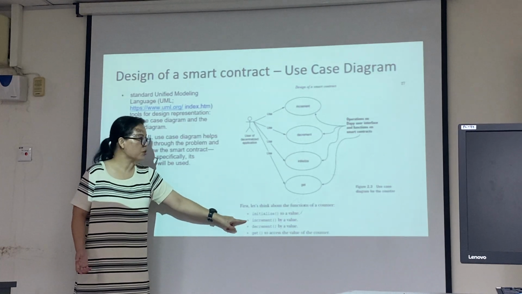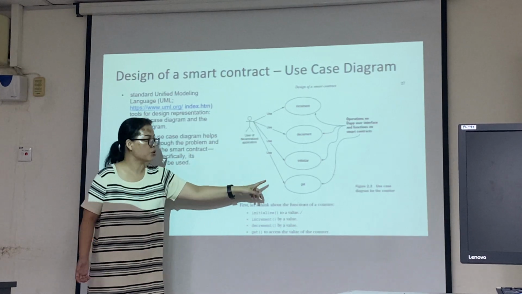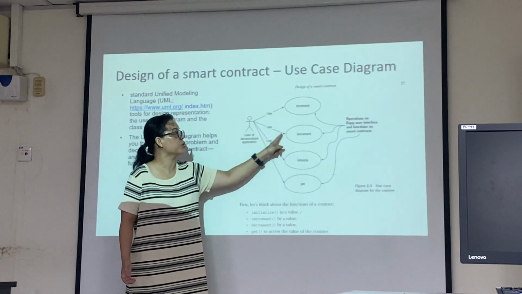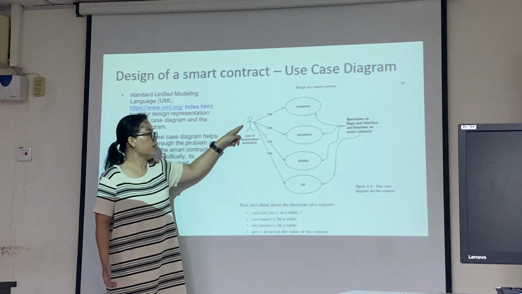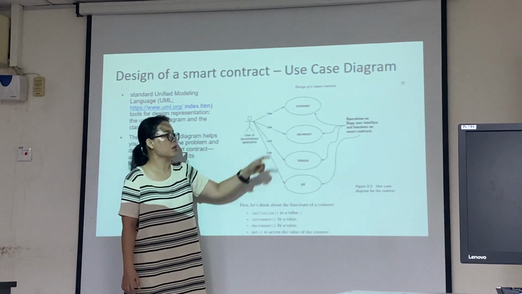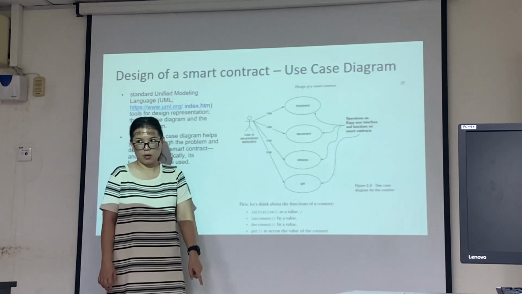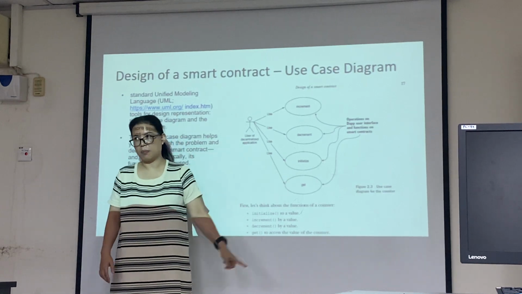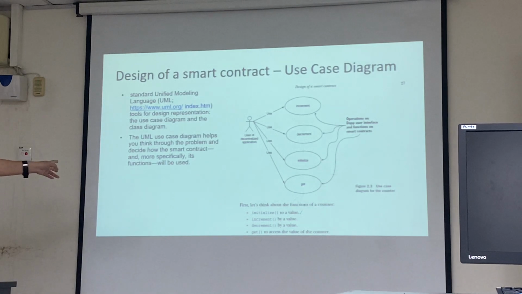All these functions I draw in a use case diagram as circles, together with who can call each function. In this case, anyone can set the initial value, anyone can increase or decrease the value, and everyone can call the get function. But logically, initial cannot be called every time.